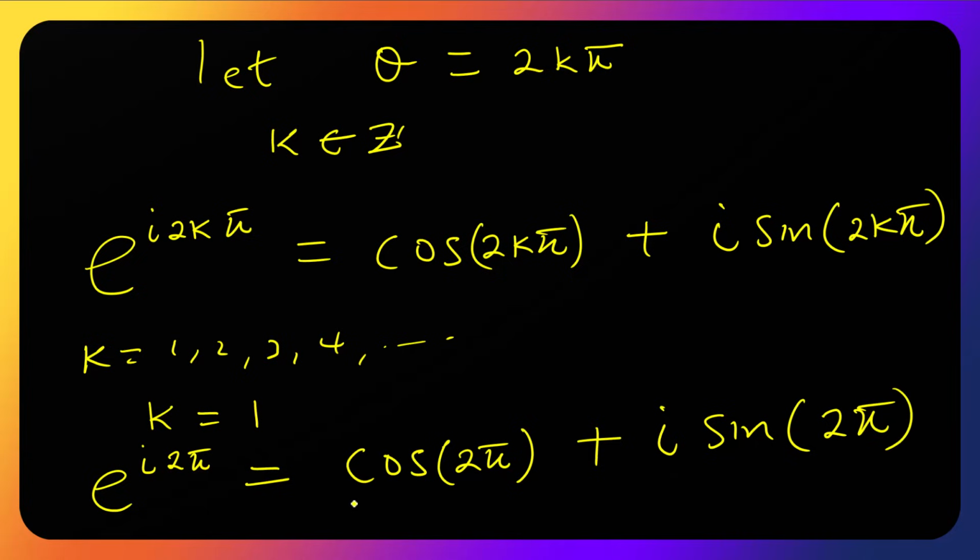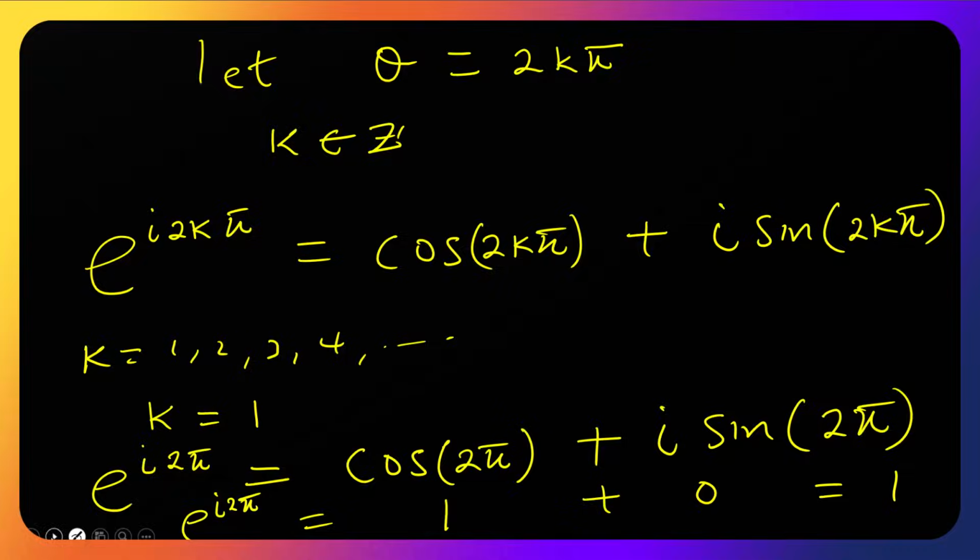When we check, cos 2 pi is 1 and sine 2 pi is 0. So we have e raised to i 2 pi equals 1. Therefore, the result is 1.